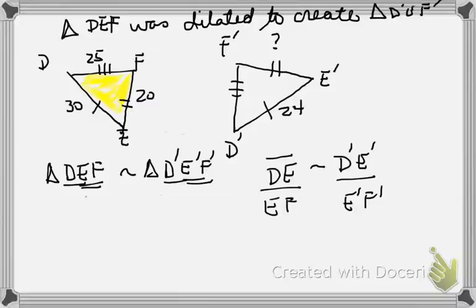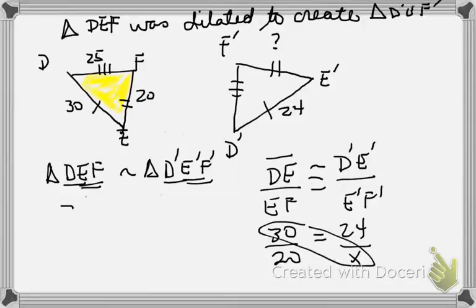All right, so let's fill in the numbers. DE is 30. D prime, E prime is 24. EF is 20. And we don't know what E prime, F prime is. So we could do our cross multiplication here.